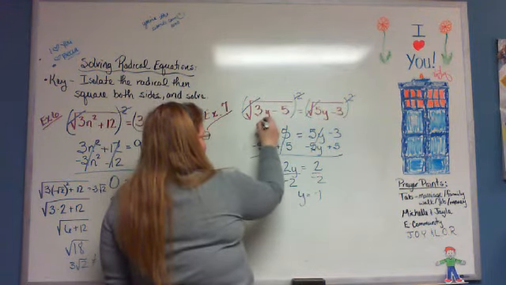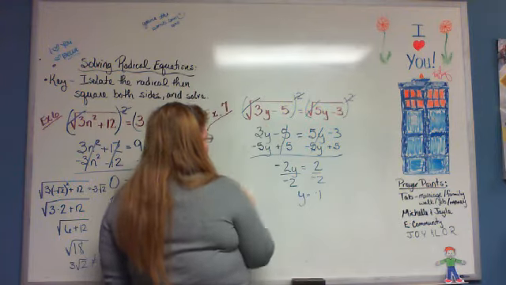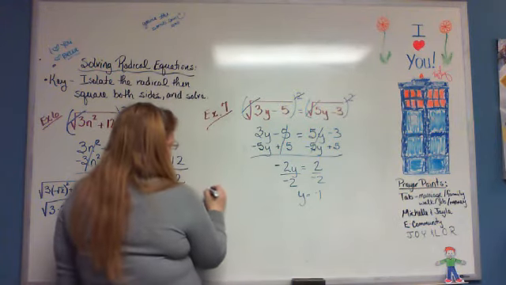So 3 times negative 1 is negative 3. Ooh, let me write this one down.